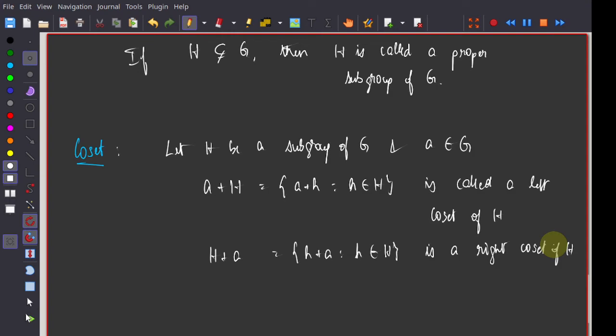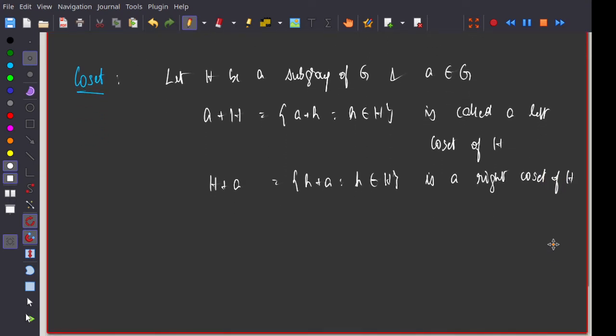Take, say, the set of all rotation matrices. The left coset is in general not going to be the right coset. Or take some other subgroup.